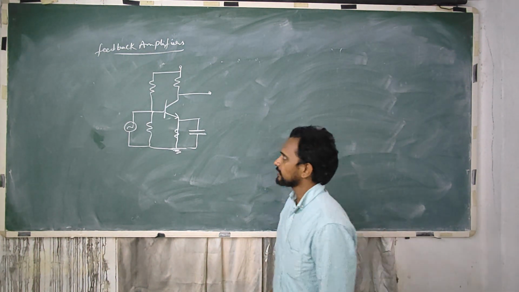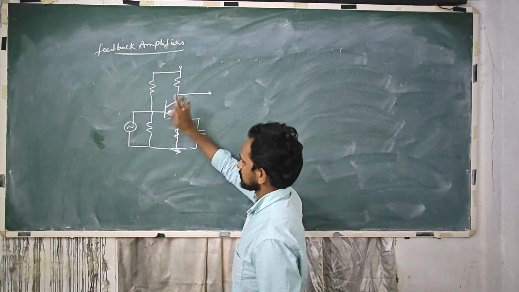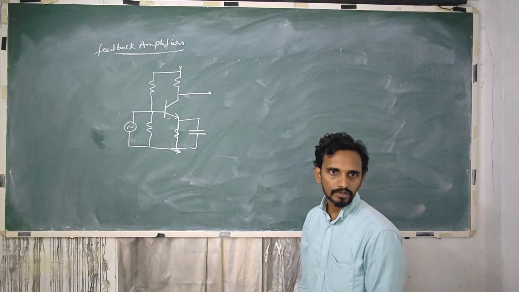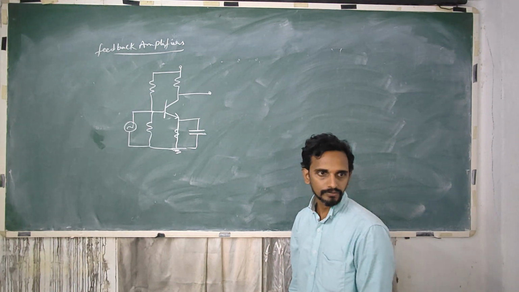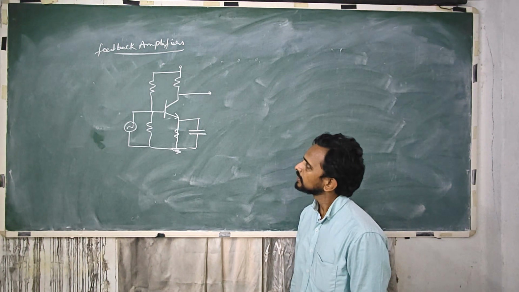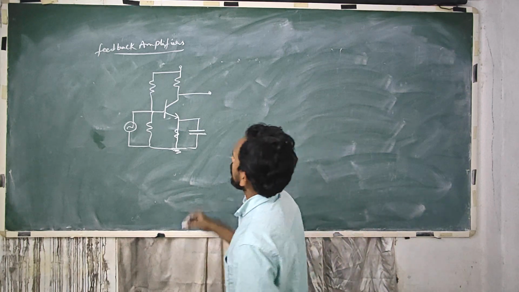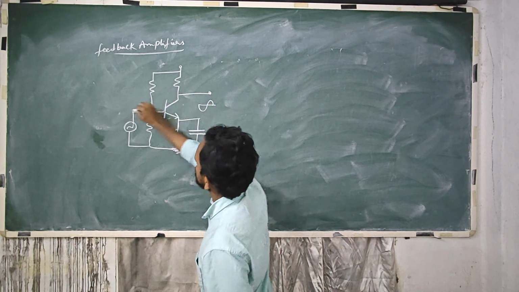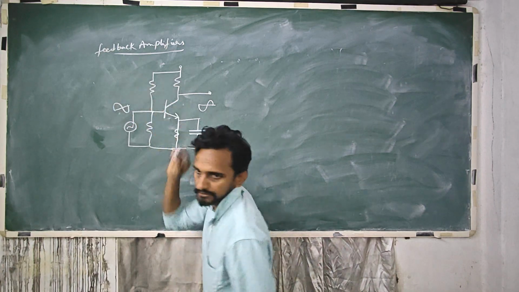Okay, so to this amplifier, basic common emitter amplifier with voltage divider bias. Okay, now I am taking output from here, so this is 180 degrees out of phase from the input.